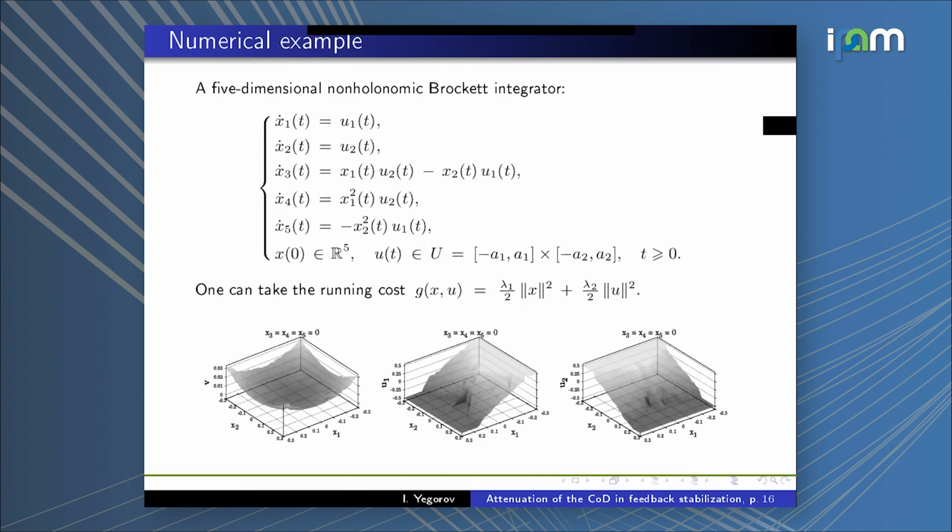The fact that this integrator is non-holonomic, and also you see that you have x times u, so the intensity of your control depends on the magnitude of your x. So in such cases, there may be some traps. If you use piecewise constant controls, even if you take many sampling instances, you can fall into such traps.